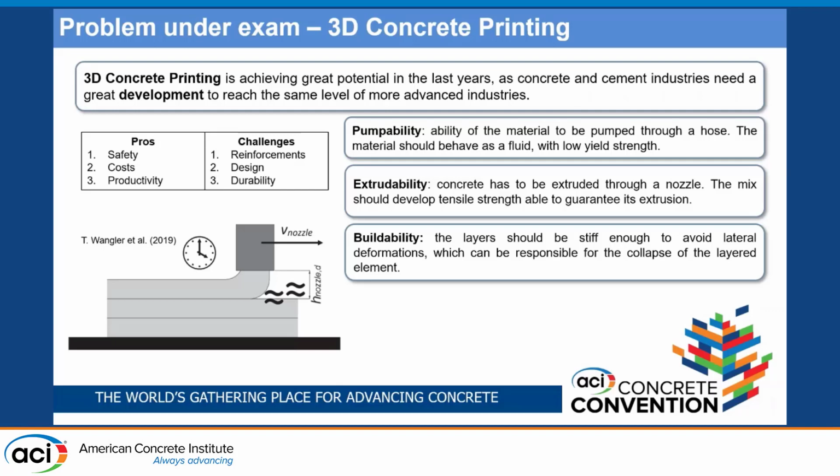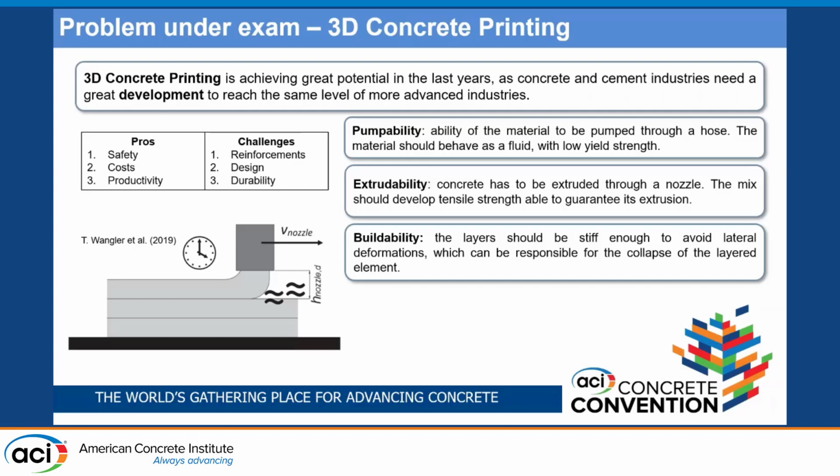There are a lot of techniques of 3D concrete printing, and the most popular one is the layer-by-layer extrusion. How it works, simply: concrete is pumped and extruded through a nozzle, and the movement of the nozzle is guaranteed by a robotic arm, thanks to which we are able to print very complex shapes.